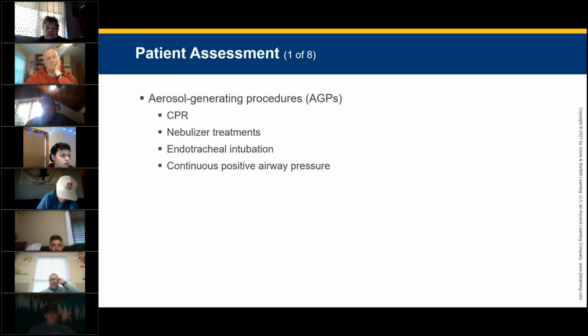Some of these aerosol generating procedures are CPR, NEP treatments, endotracheal intubation, or CPAP. Basically, the science behind this is as you're pushing air into somebody, stuff's going to come back out. You don't want that stuff getting into your own airway or your own face or your own eyes, anything of that sort. Protect yourself.